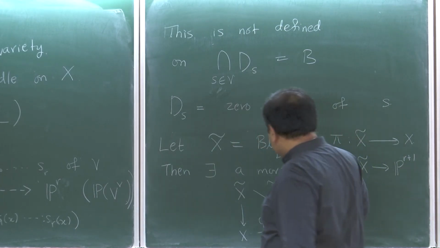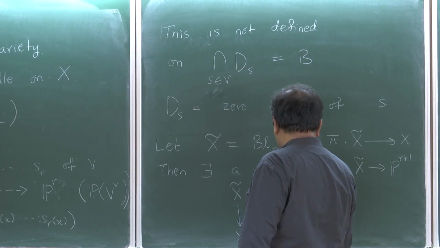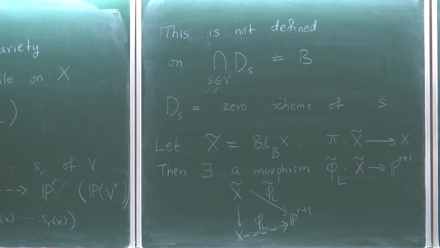Sorry, the one from X is just a rational map, but this can be made to commute like this.